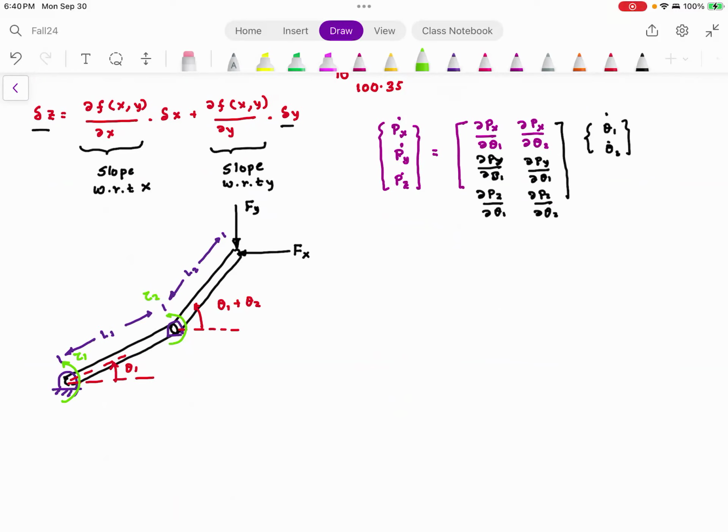These two problems are extremely important. In the first problem, I wanted to find out the velocity of the end effector and how that velocity is related to the joint velocity. In this problem, I'm looking at a static force problem, which means my robot is not moving. But on that robot, there is a downward force and there is a sideways force.